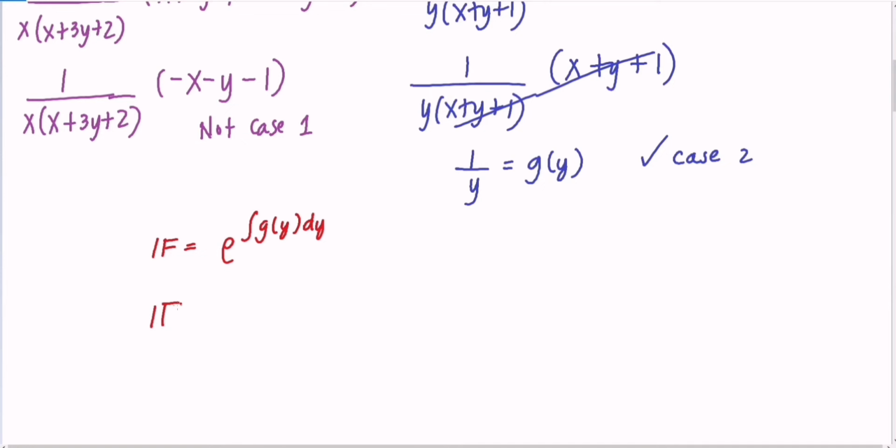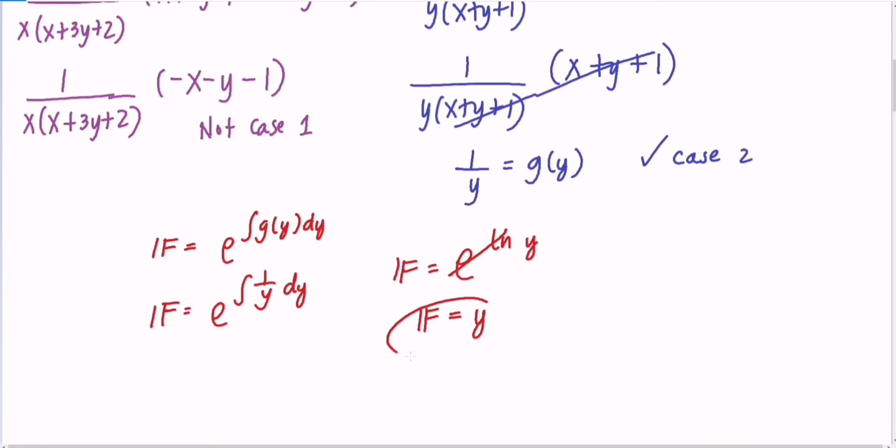Ngayon, since g of y tayo, case 2 tayo, e raised to the integral of 1 over y dy. So, yan yung ating integrating factor, which is e raised to ln y. So, again, matatanggal ito. Ang ating integrating factor ay y.